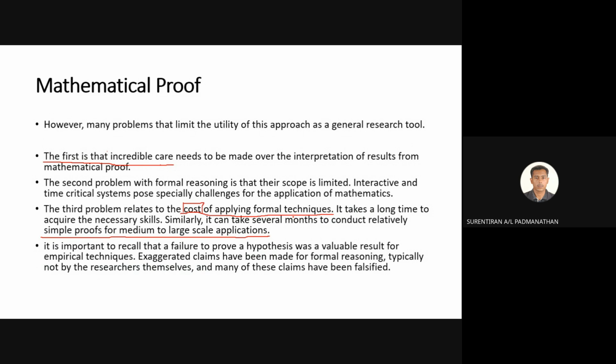The first is that incredible care needs to be taken over the interpretation of the results from the mathematical proof. Mathematics, as you know, is very crucial and very complex, especially engineering mathematics. It might take time because you need to understand how the formulas are working.